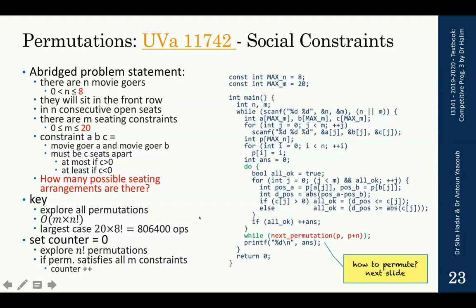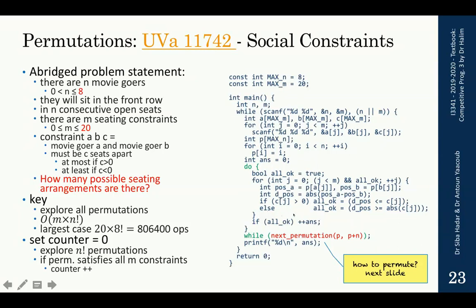Here is the C solution, and you see it is very easy. You do the permutation in a do while, and inside the do while, of course, first you read m and n and all the constraints and you store them, and then for every permutation you check whether it is compliant.